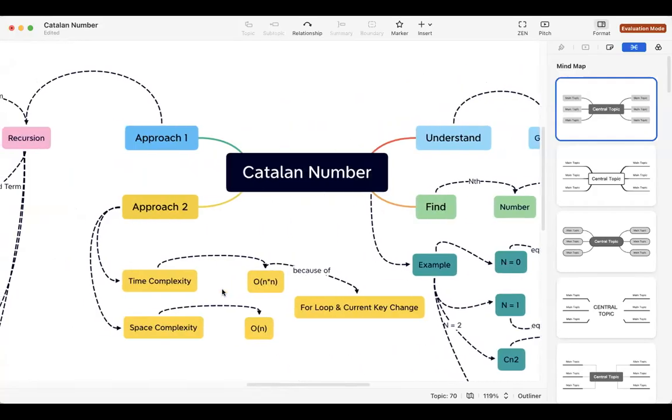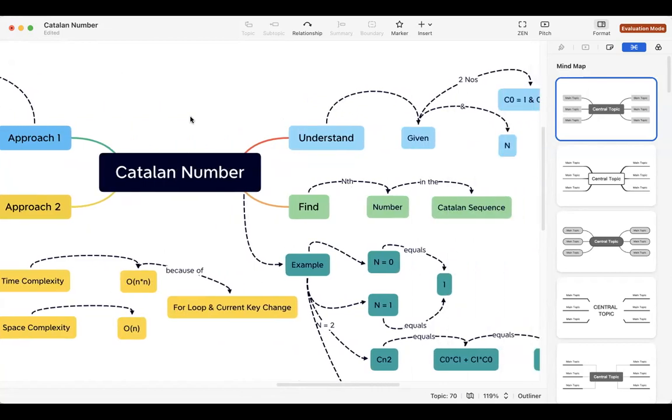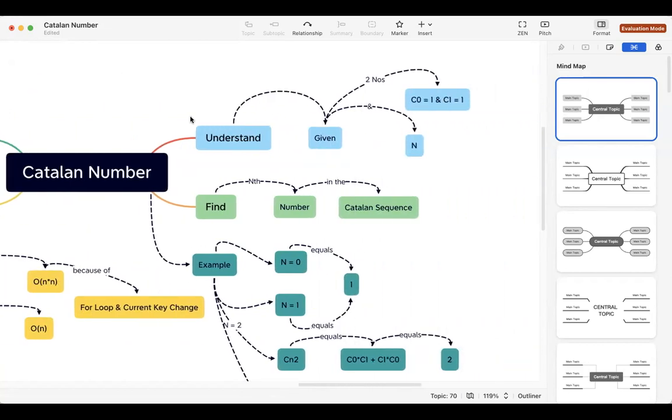So we'll be doing Catalan number today. Basically, understand the problem first. Given two numbers, Catalan number 0 is 1 and Catalan number 1 is also 1.